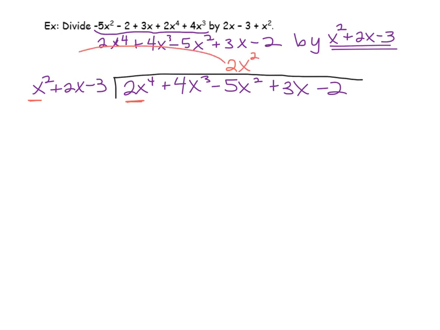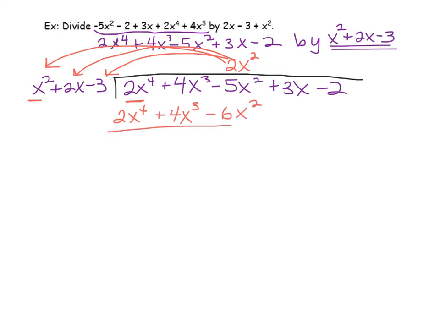Now we distribute it to the first term, and that gives us 2 times x to the fourth. We distribute it to the second term, and that gives us plus 4 times x to the third, and we distribute it to the third term. 2x squared times negative 3 becomes negative 6x squared.